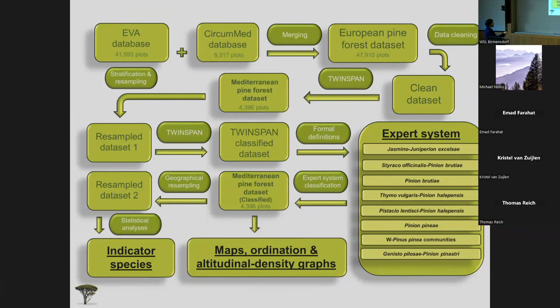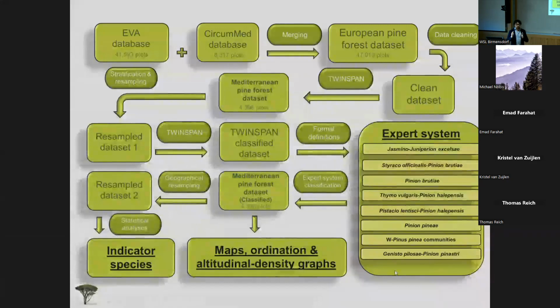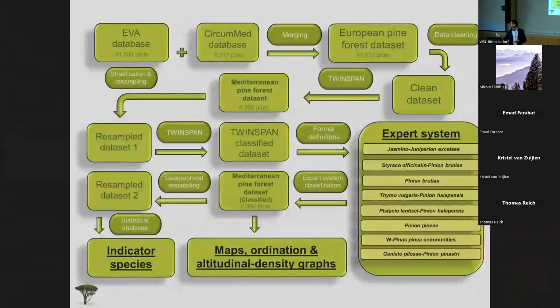This expert system means that there is a script based on a statistically derived combination of co-occurrences of species that you basically create, and it's then able to classify your plots automatically for newly retrieved data.